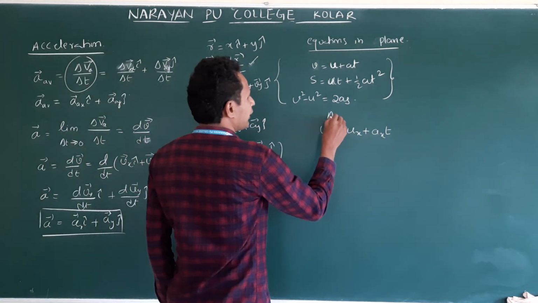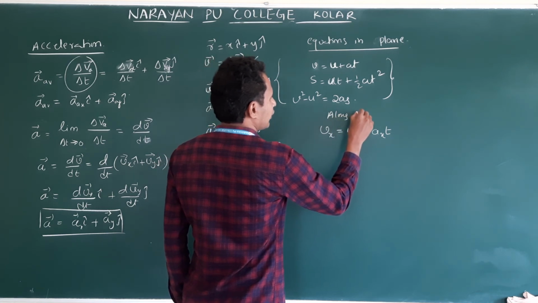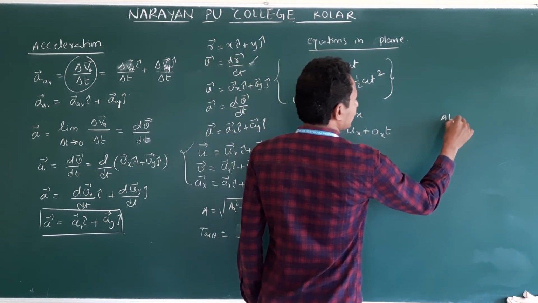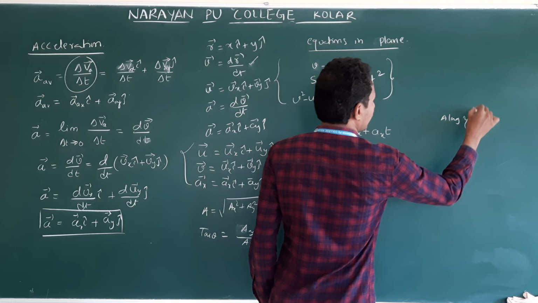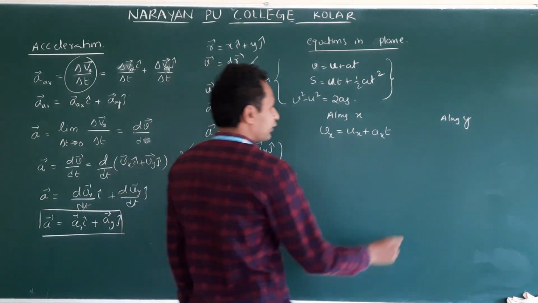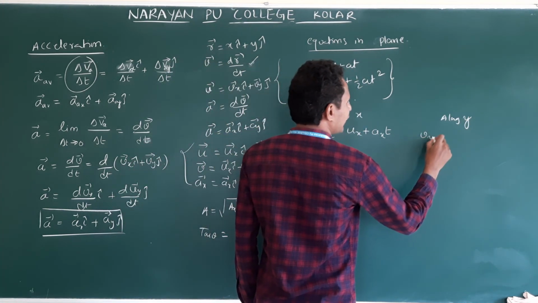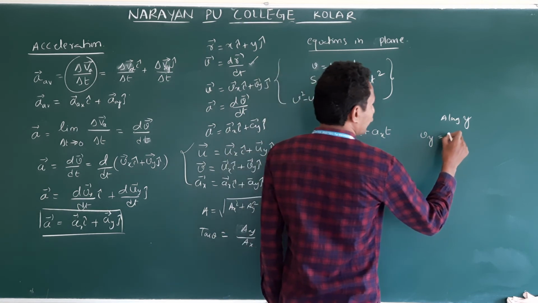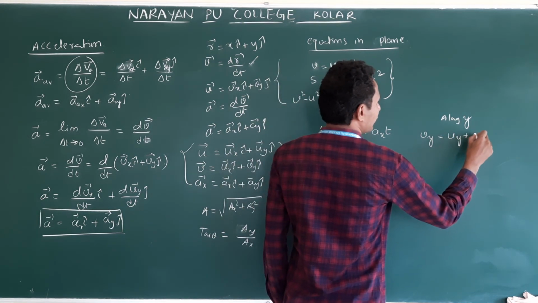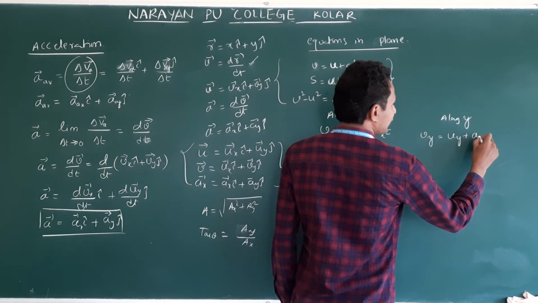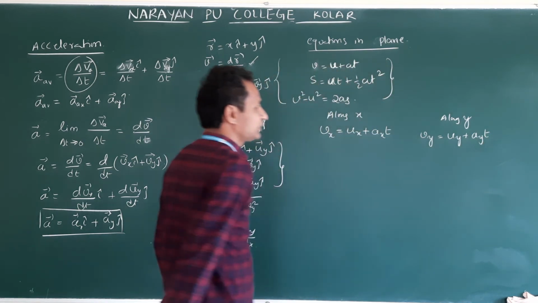Okay, this is along x. Next, along y. How do we write along y direction? Final velocity along y direction is equal to initial velocity along y direction plus acceleration along y direction into t.